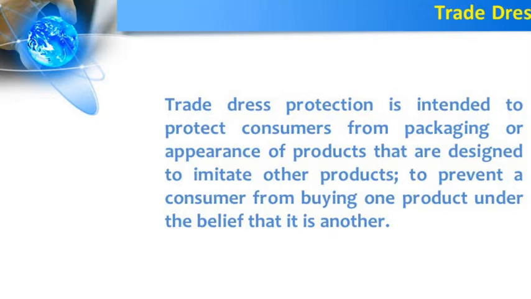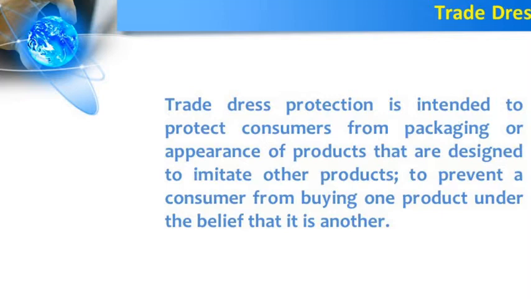Trade dress protection is intended to prevent a customer from buying one product under the belief that it is another. Examples of trade dress include packaging and atmosphere or decor within a place of business.